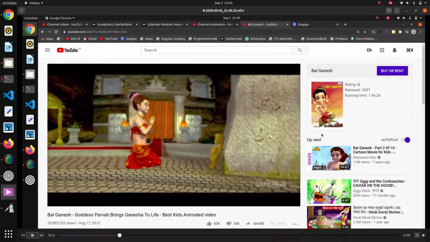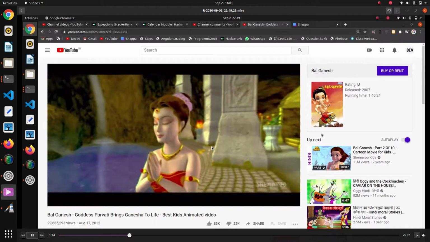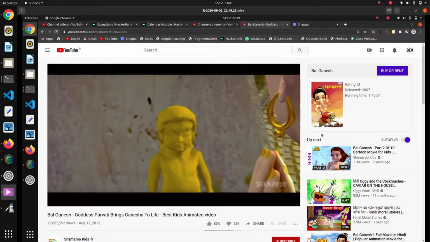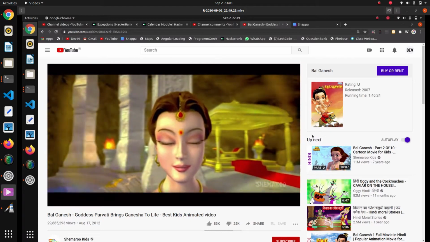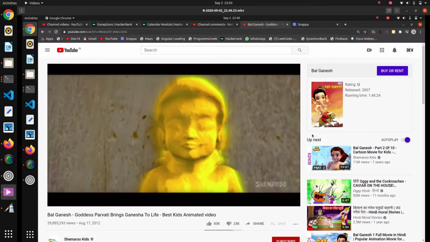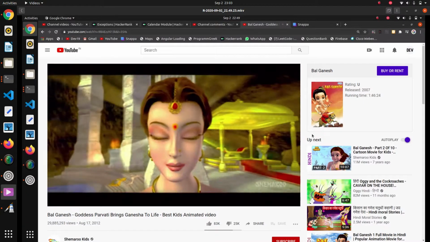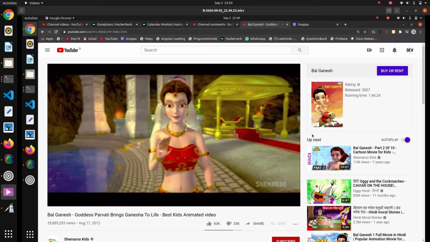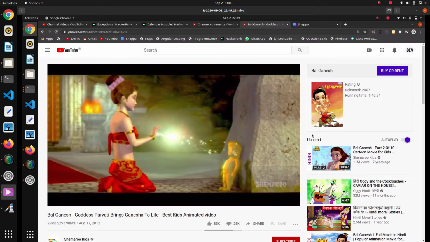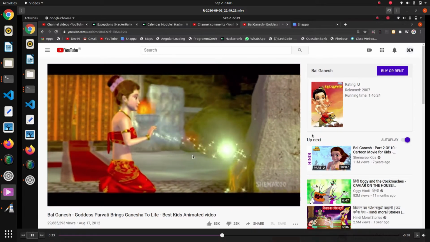Now this statue is our hardware. Goddess Parvati is installing an OS, meaning she is making that statue live. She is giving life to that statue. Like that, she is installing an operating system to the hardware that she had created.